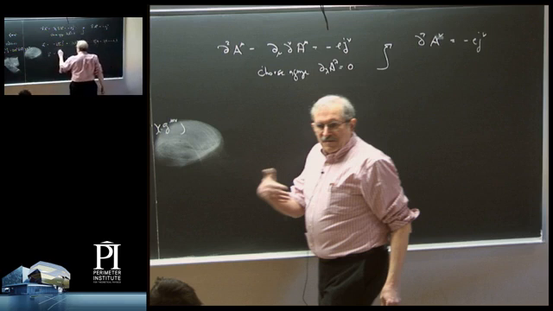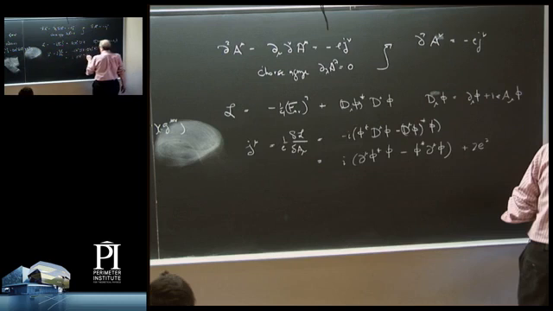So J_μ is ∂L/∂A_μ, maybe 1 over e as well. That turns out to be −i[φ* D_μ φ − (D_μ φ*) φ]. And if I write that out, that's i(∂_μ φ* φ − φ ∂_μ φ), like that.